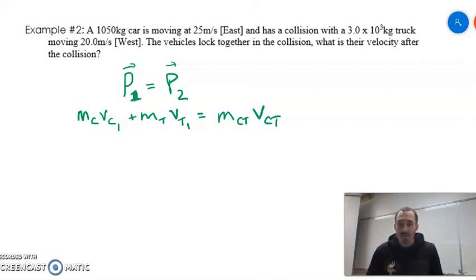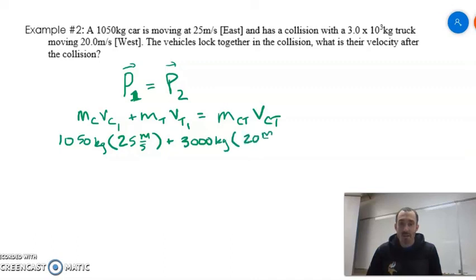So 1,050 kilograms is the car. The velocity is 25 meters per second, plus the mass of the truck, which is 3,000 kilograms, times the velocity of the truck, which is 20 meters per second. But these are moving in opposite directions.